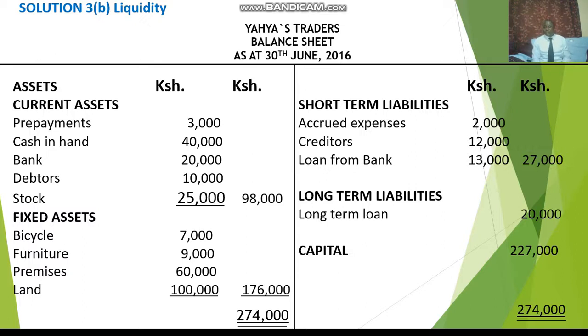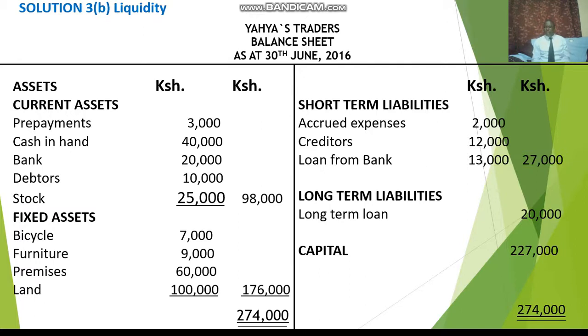So we have accrued expenses, which can easily be paid within a shorter period, then followed by the creditors, which can also be paid in a shorter period, and then in that order we have loan from a bank. A total is 27,000. That's short-term liabilities.